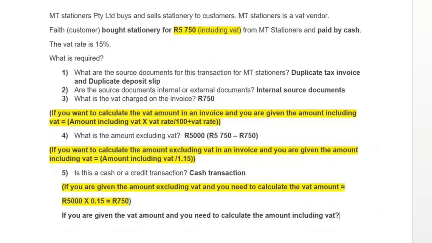How do you calculate that? A question is saying the VAT amount is 750, what is the amount including VAT? Any guess? Anybody want to guess how we will get to 5,750?